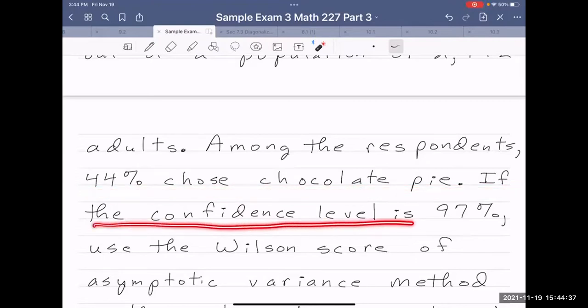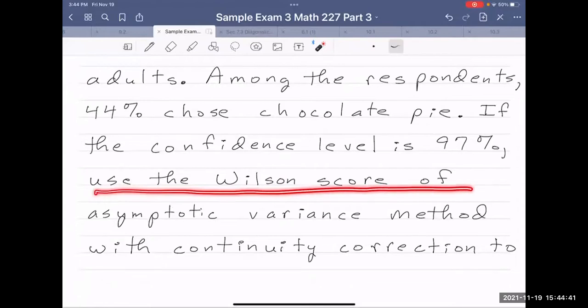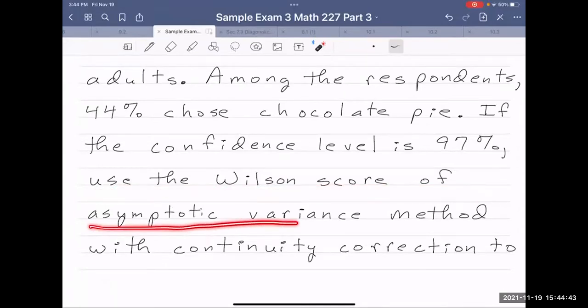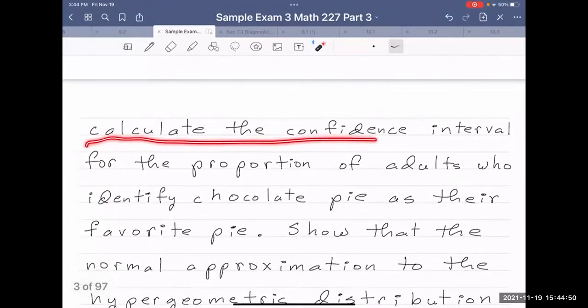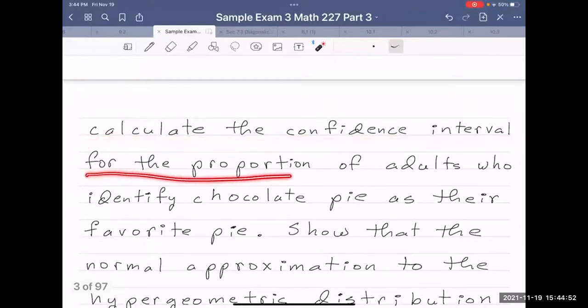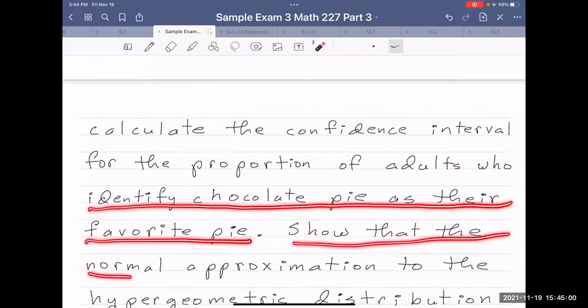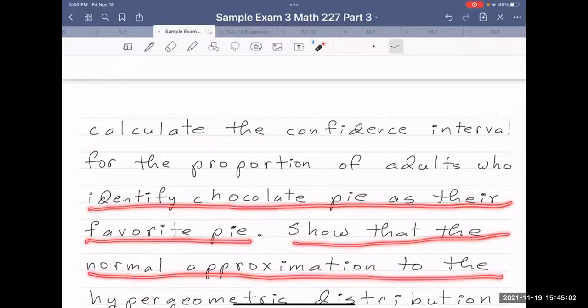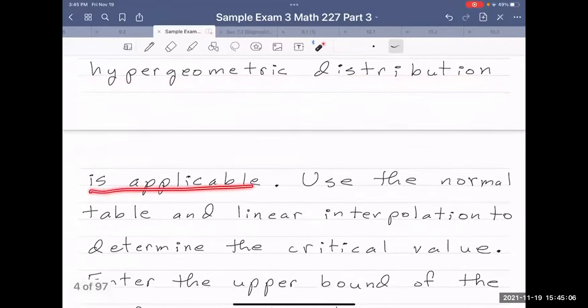If the confidence level is 99%, use the Wilson score of asymptotic variance method with continuity correction to calculate the confidence interval for the proportion of adults who identify chocolate pie as their favorite pie, show that the normal approximation to the hypergeometric distribution is applicable.